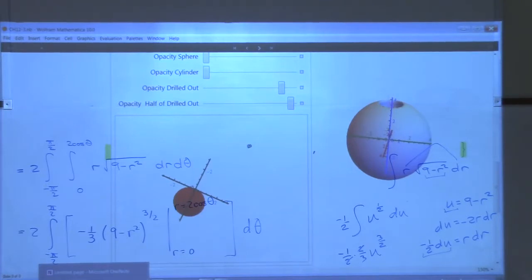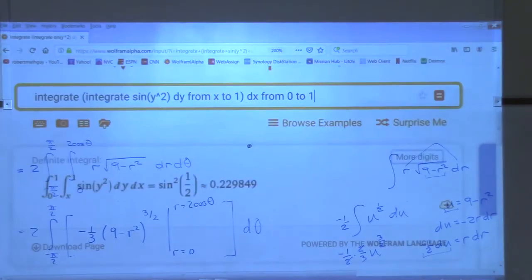Shall we go to Wolfram Alpha? Let's see if we can do another double integral in here. So we're going to integrate. The outer one went from negative pi over 2 to pi over 2. The inner integral was r times the square root of 9 minus r squared, dr, from 0 to 2 cosine of t.